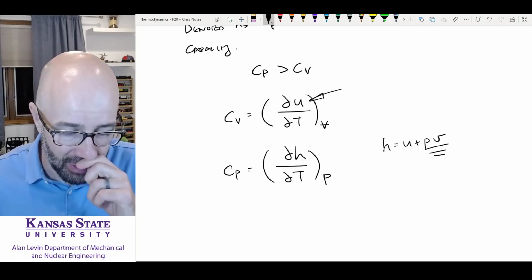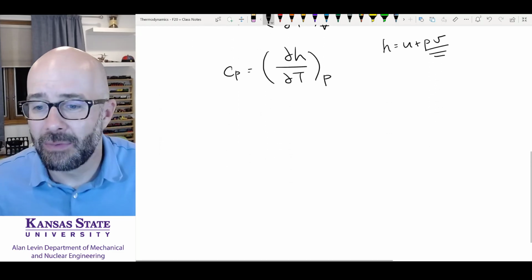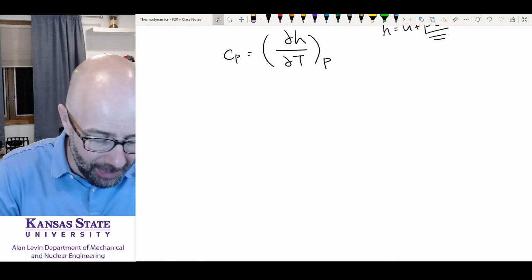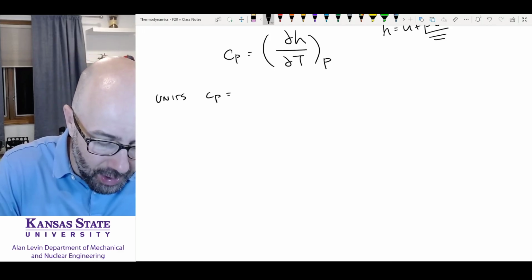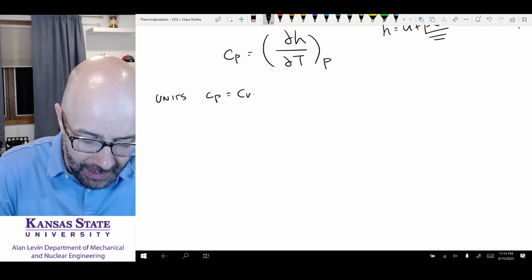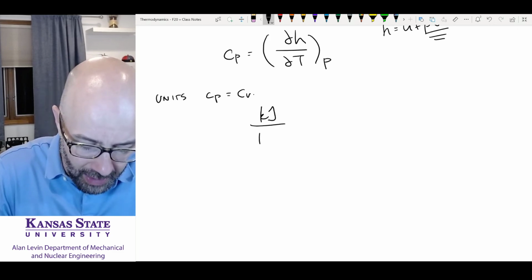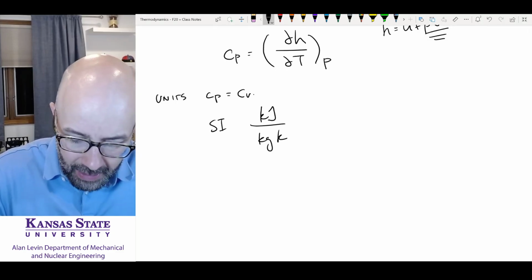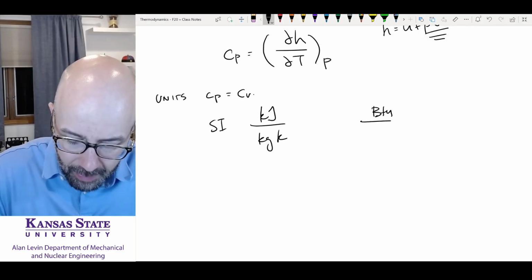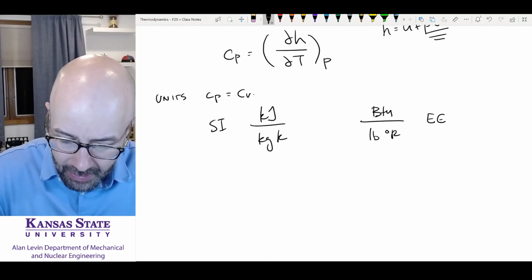All right. One last thing before we end this lecture segment: we'll talk about the units. The units of C sub P equal the units of C sub V, and they're going to be in kilojoules per kilogram Kelvin in the SI system, or BTU per pound per degree Rankine in English engineering units.